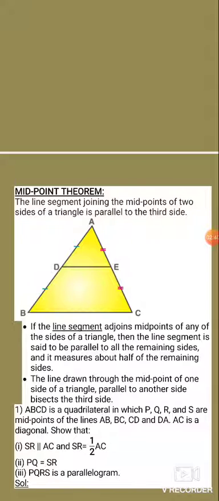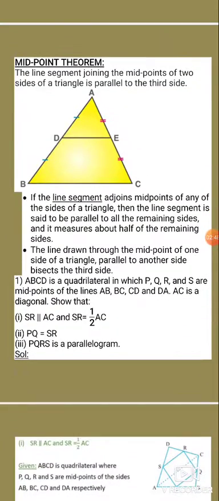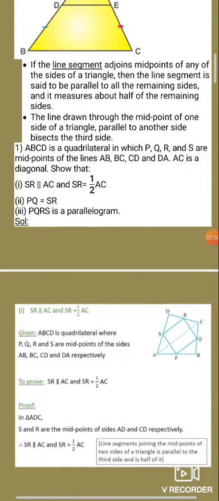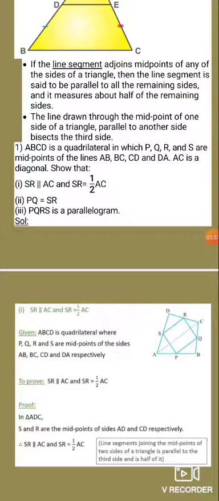Okay, now listen carefully. The problems. Only 7 problems are there in this exercise. ABCD is a quadrilateral in which P, Q, R and S are midpoints of the sides AB, BC, CD and DA.